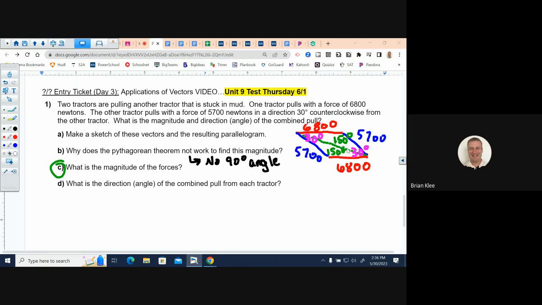To again find that diagonal, I can pick whatever letter I want. I'm going to go D for diagonal. So D squared equals, all right, what are my two side lengths? 6,800 and 5,700.